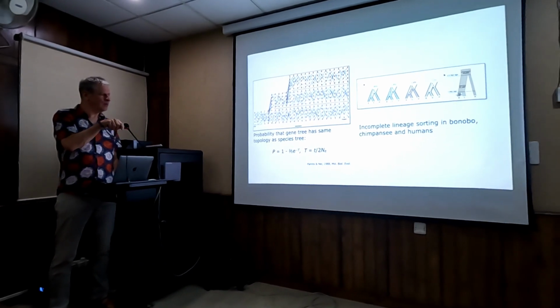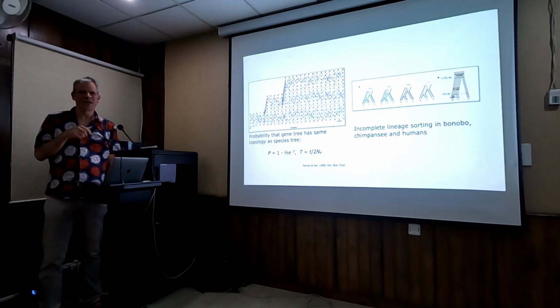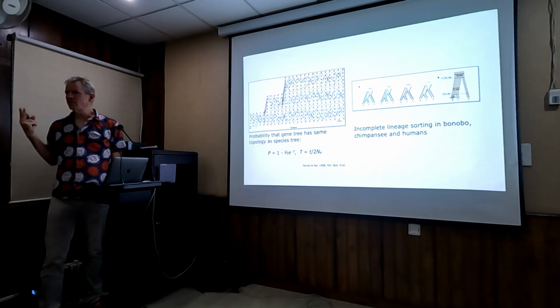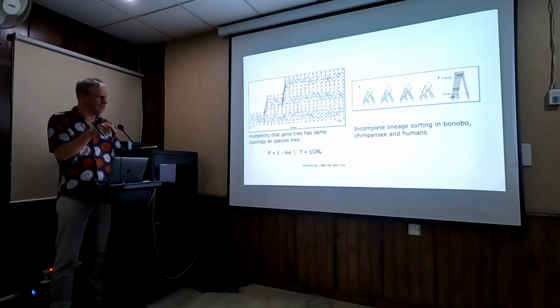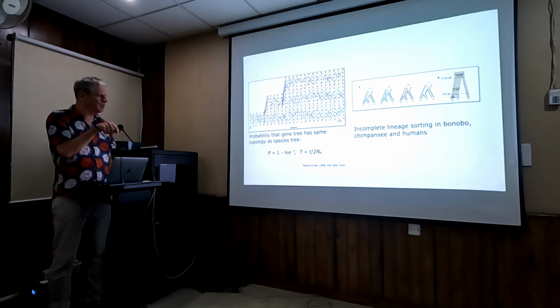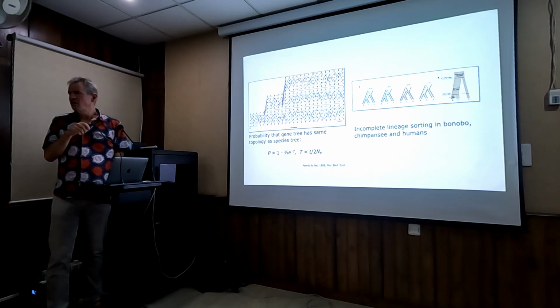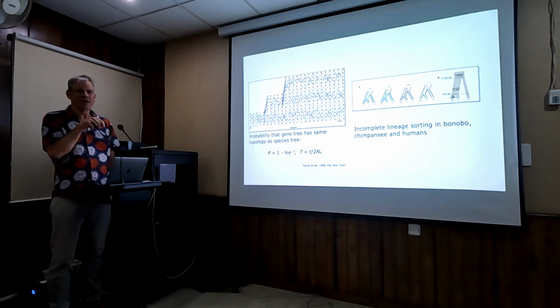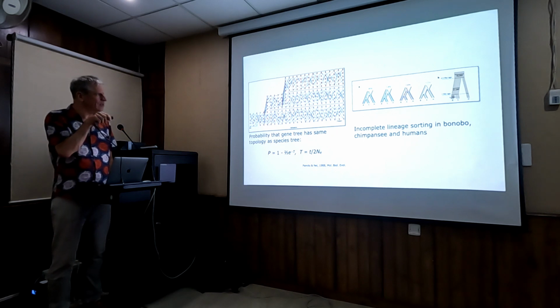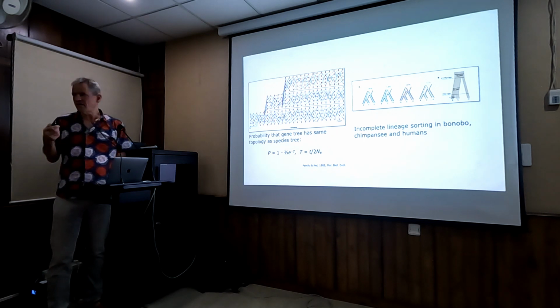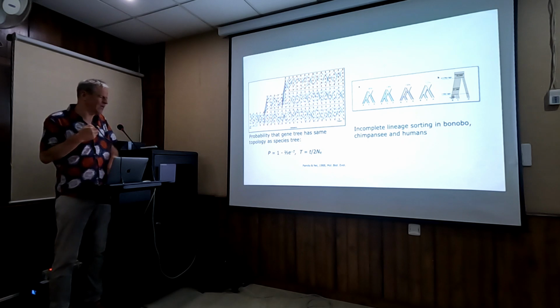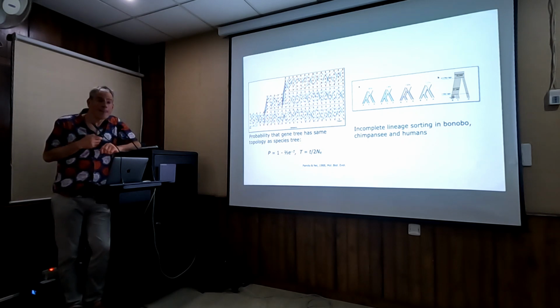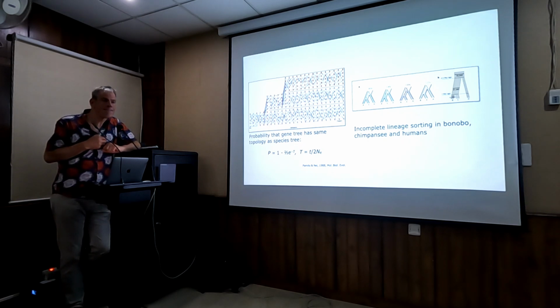Don't bother about the details of this formula, but there are two important factors in here: time, T, and population size, N. So the shorter the time between subsequent speciation events, the higher the probability that you're going to see this effect of incomplete lineage sorting.